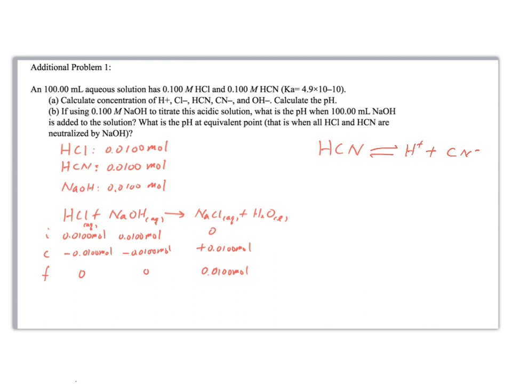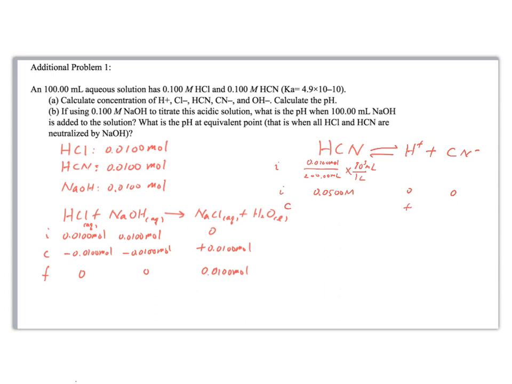And we need to recalculate the concentration of the weak acid, cyanic acid. So the concentration is 0.0100 mole divided by the final volume, 200.0 milliliter, converted to liter. And the concentration of weak acid is 0.0500 molar. Initially, we have 0 H+ and 0 CN-. Then to reach equilibrium, we consider the dissociation of this weak acid.